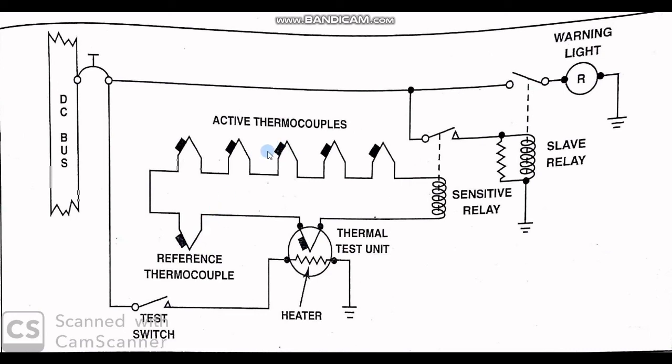The difference in sensing will produce the current that goes to the sensitive relay and closes the switch, and when the sensitive relay closes, the slave relay also closes and gives us a warning light that there is a fire in the zone where the thermocouple is located.